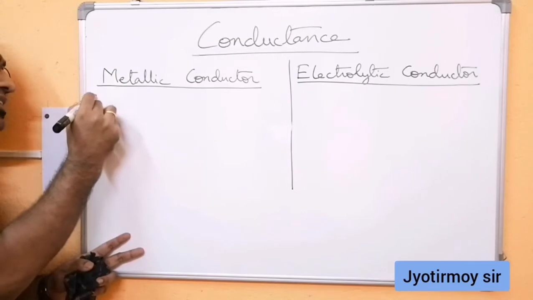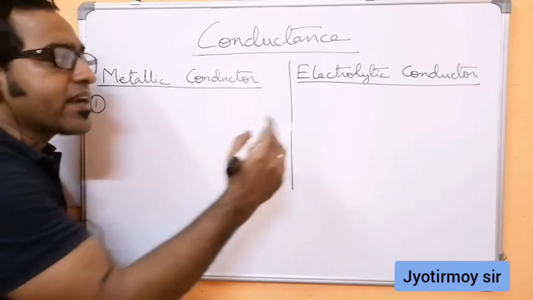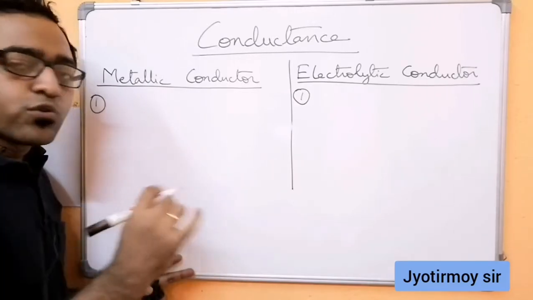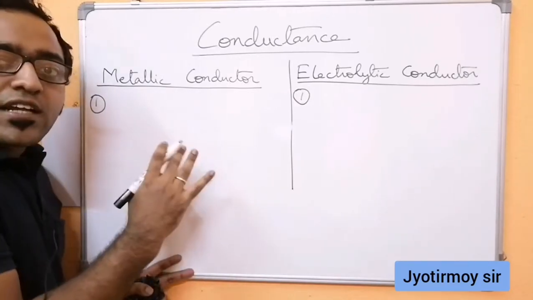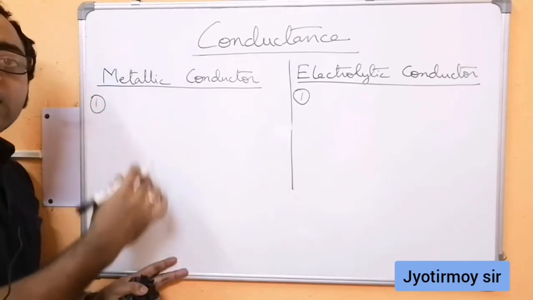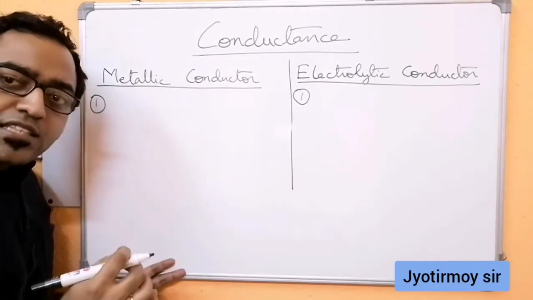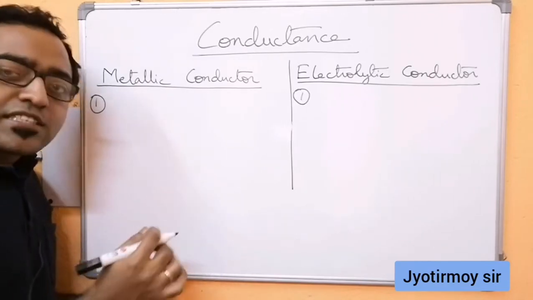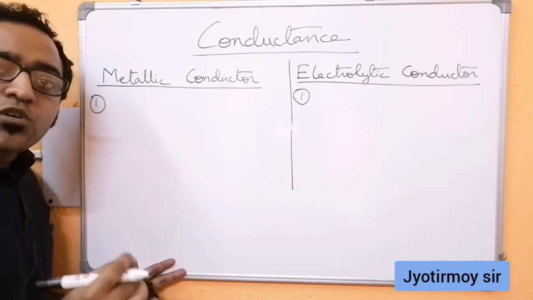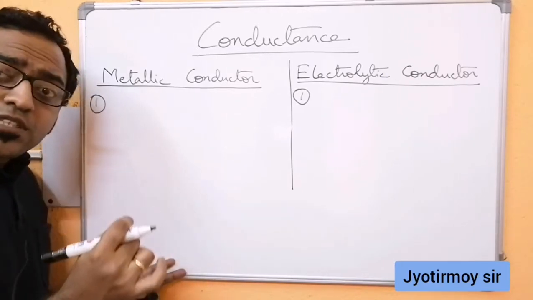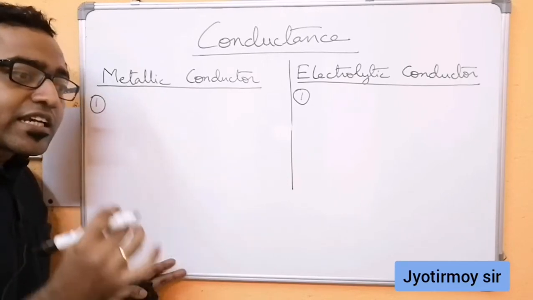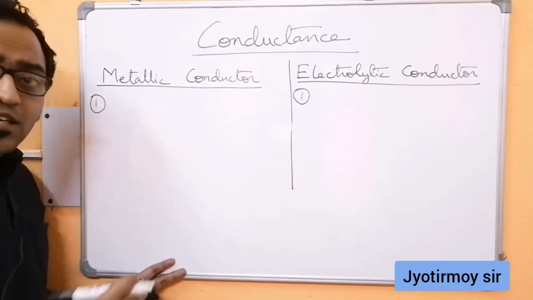Now we should know the basic difference of metallic conductor and electrolytic conductor. I will tell the difference. You will write it down in your notebook because I will not write, otherwise the video becomes too large for you to watch. So first point, metallic substances which allow electricity to pass through them but do not undergo any chemical change are called metallic conductors.